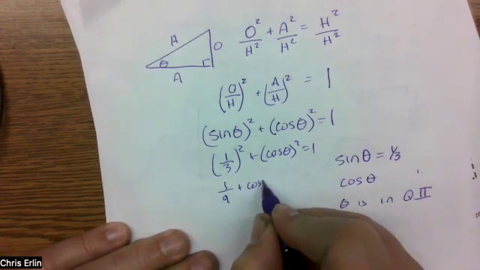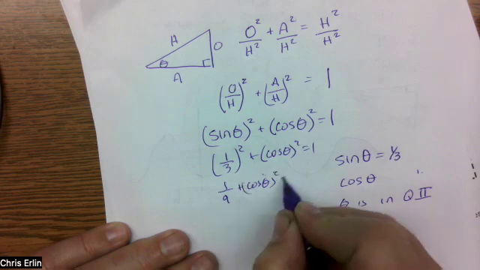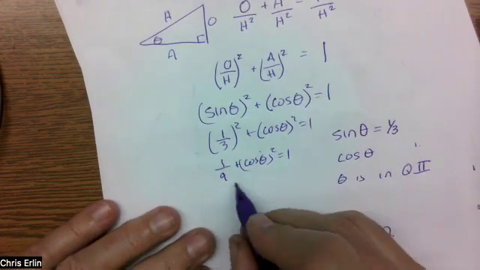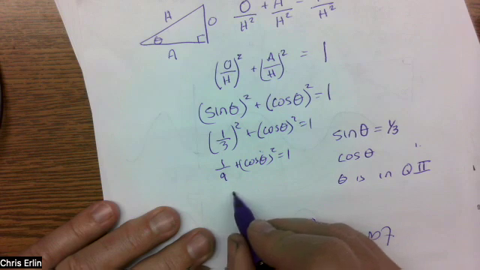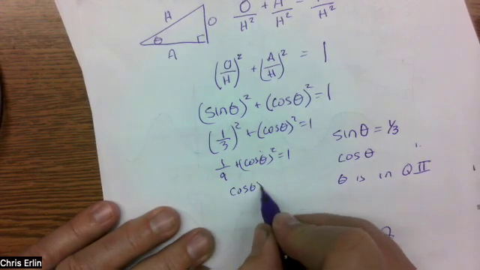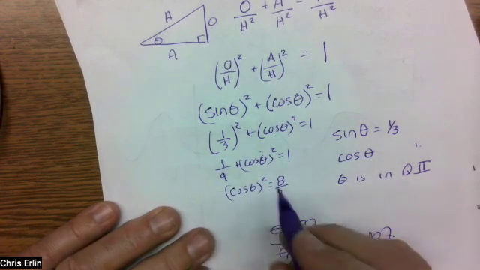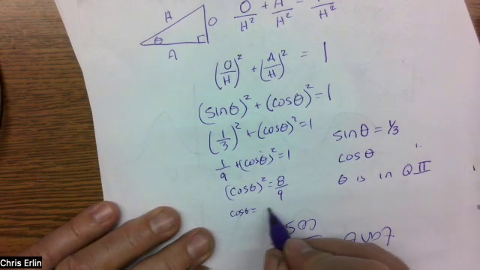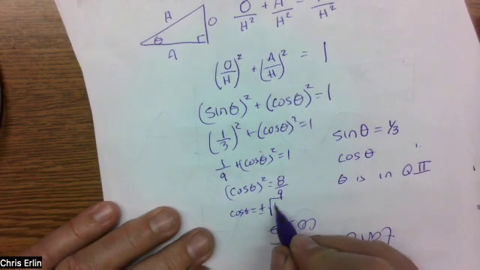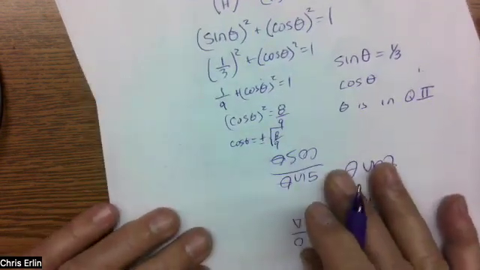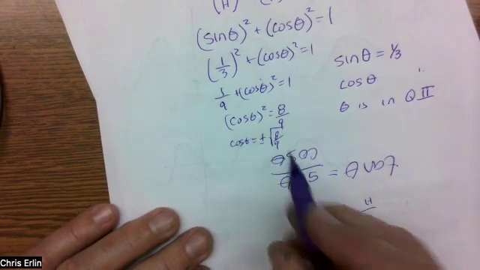1/9 plus cosine theta squared equals 1. I'm going to subtract 1/9, and so I'm going to get 8/9. Then I'm going to take the square root. When I do the square root, I'm going to do plus or minus, and I'll talk about that in just a second. And then I can simplify this.